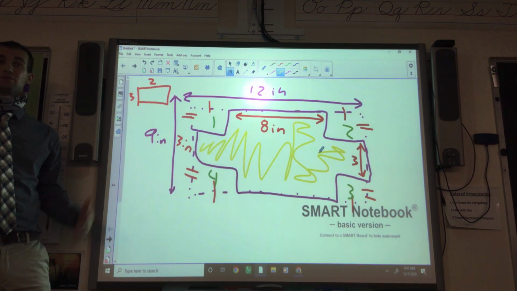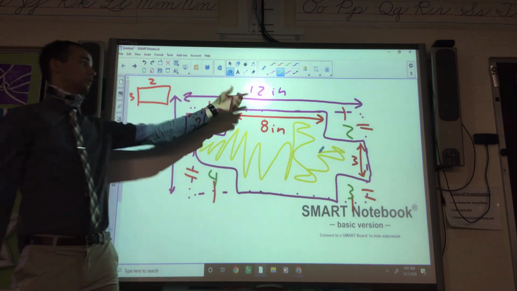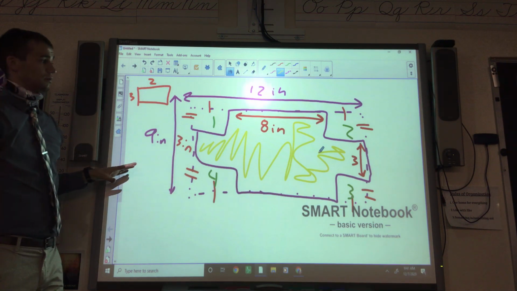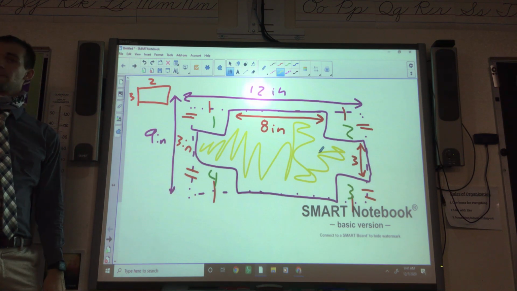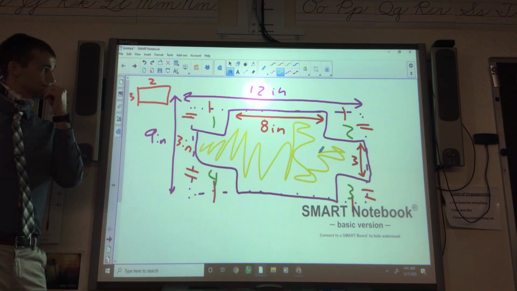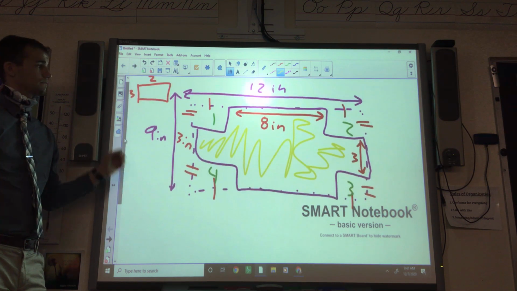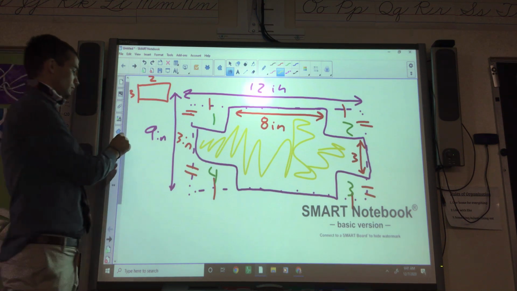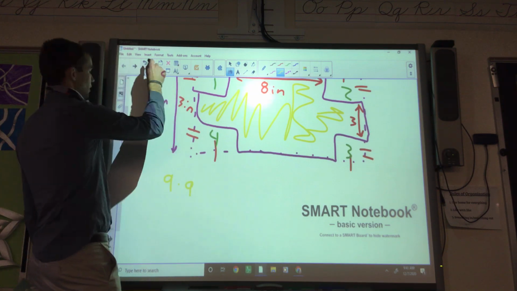If she didn't cut that stuff out, then it would be 12 times 9. How do we figure out the area of what she has left, what's in yellow? 9 times 8 minus 4 threes. Minus 4 times 3. So 9 times 8.